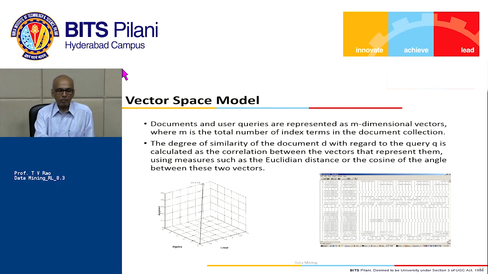Whenever we are looking at the similarity of the document with respect to the query, we need to look at the correlation between those two vectors. That correlation can be found using techniques such as the Euclidean distance or the cosine between the vectors, and thereby we will determine whether the document is relevant for the query.